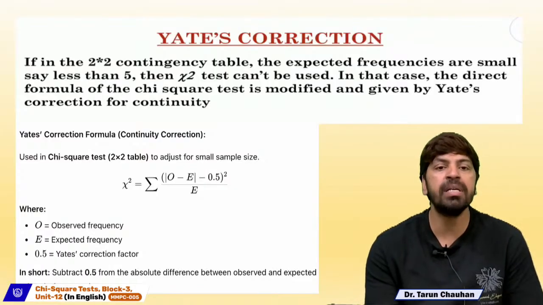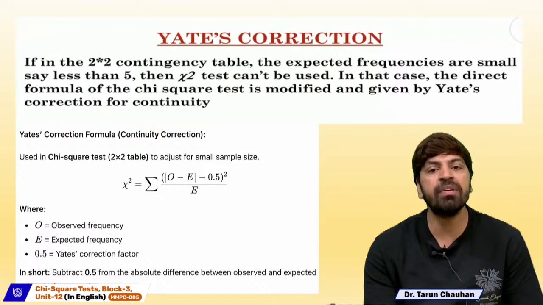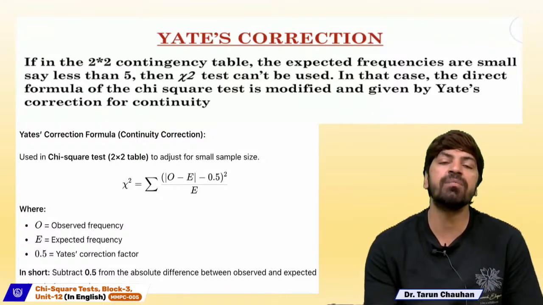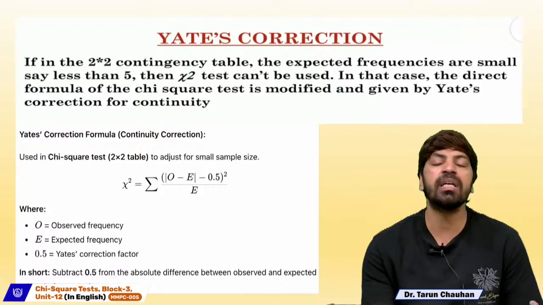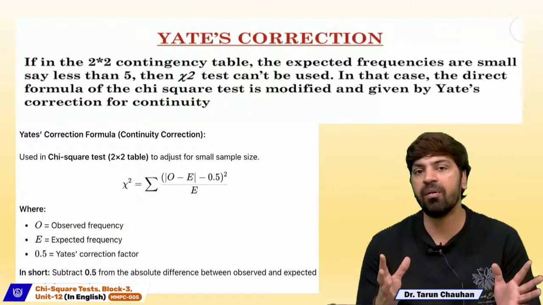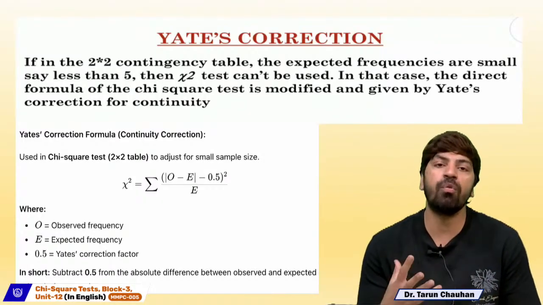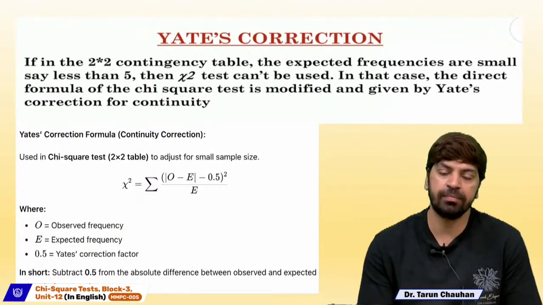In short, subtract 0.5 from the absolute difference between the observed and expected frequency before squaring. So this is an overview of the Yates correction.